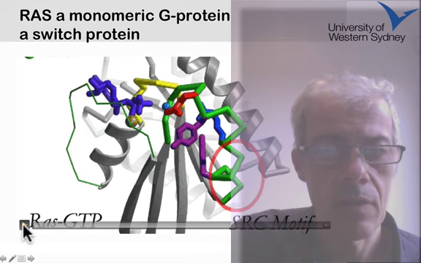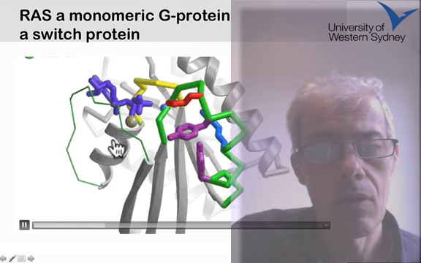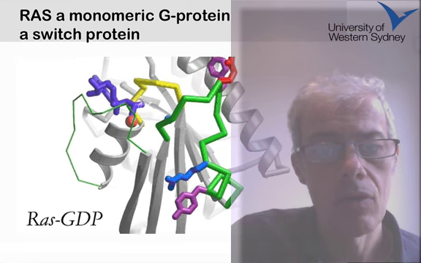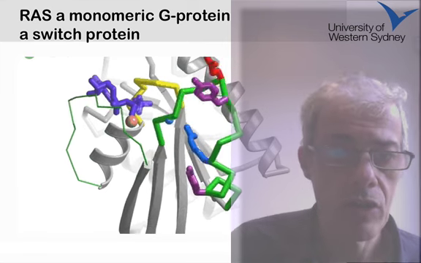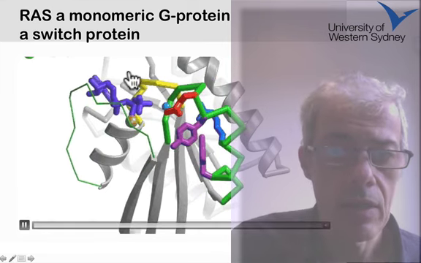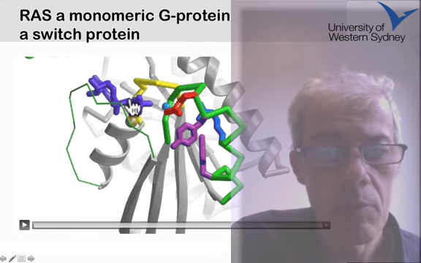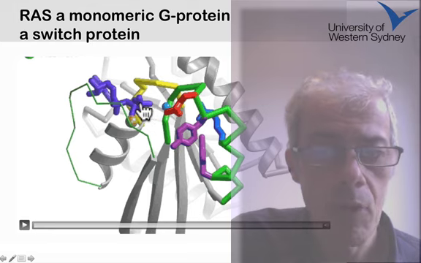And there's a little animation here showing a switch in structure. The structural change that occurs is driven by the presence or absence of this phosphate group within the binding pocket.